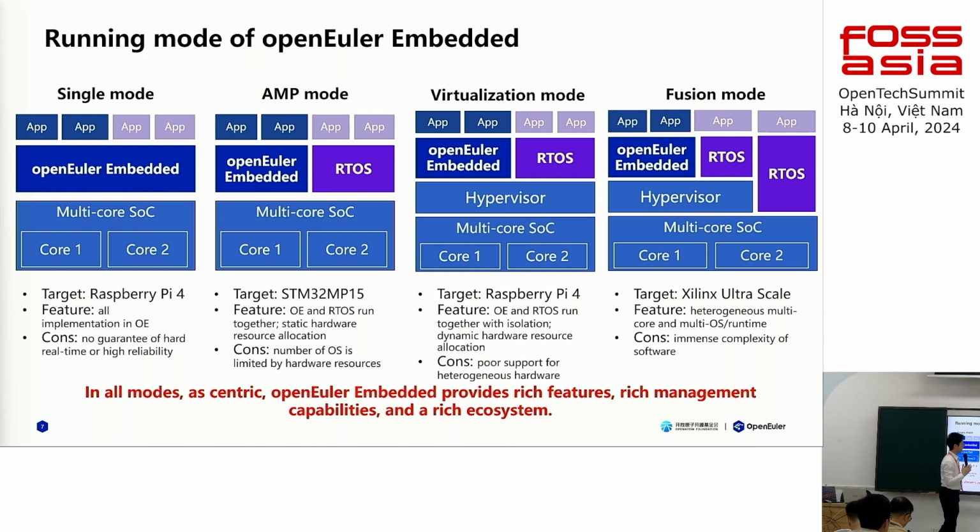However, because we have poor support for heterogeneous cores, the hypervisor can only run on a homogeneous core cluster. As a result, in the end, we have the mixed deployment mode. We run AMP mode for heterogeneous cores, and we run virtualization mode for homogeneous cores.